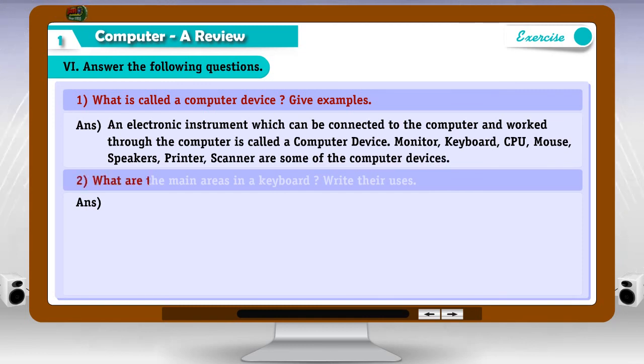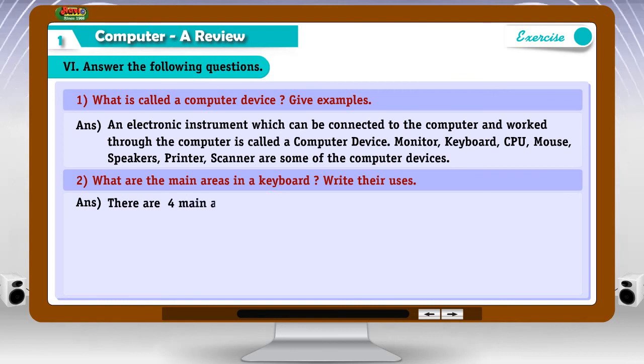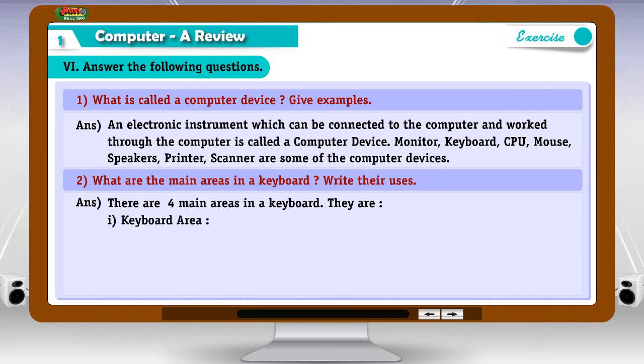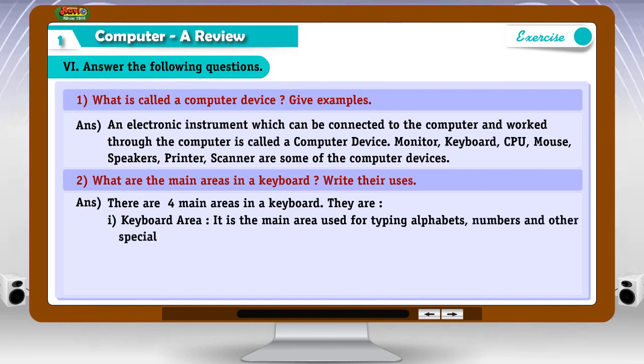2. What are the main areas in a keyboard? Write their uses. Answer. There are 4 main areas in a keyboard. They are 1. Keyboard area. It is the main area used for typing alphabets, numbers, and other special characters. 2.